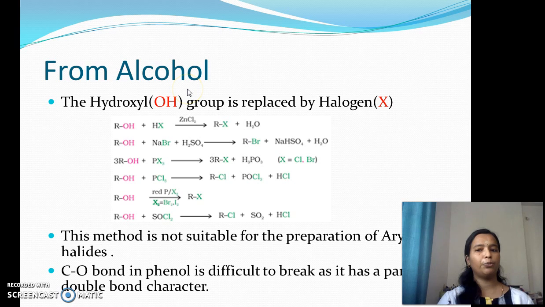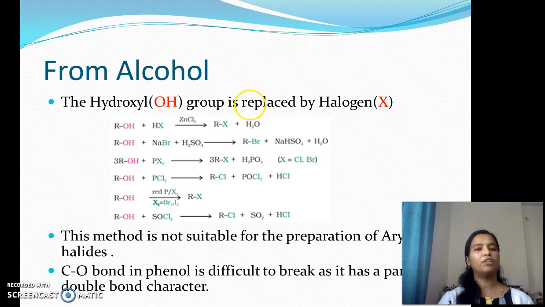One thing you have to note here is this method is not suitable for the preparation of aryl halides. Why? Because the corresponding alcohol, aryl alcohol, is phenol, and in phenol the carbon oxygen bond will have a partial double bond character. If you write the resonating structure of phenol, you will understand that.